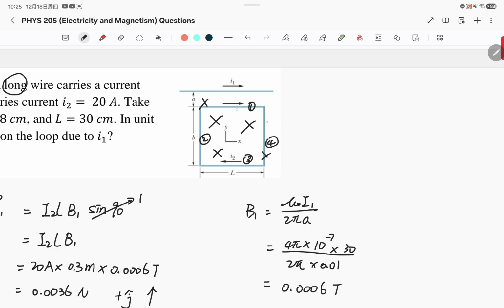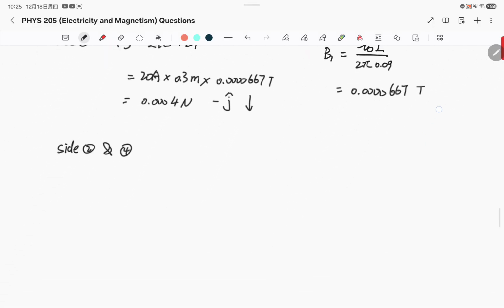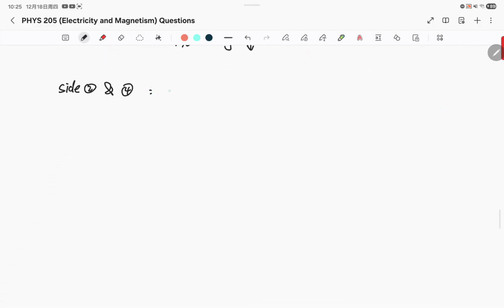So 4, current is coming down. For 2, current is going up. Let's do 2 first. So force 2 is to the left, and force 4 is going to be pointing to the right. So force 2 and force 4, the net force is 0.